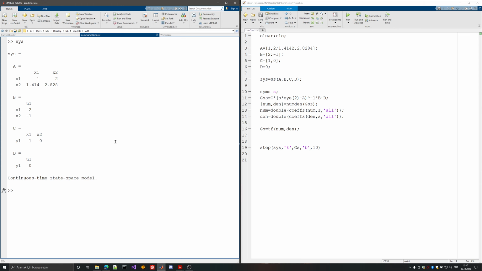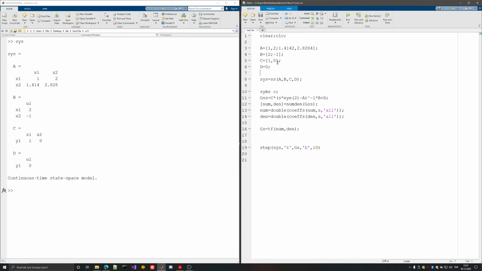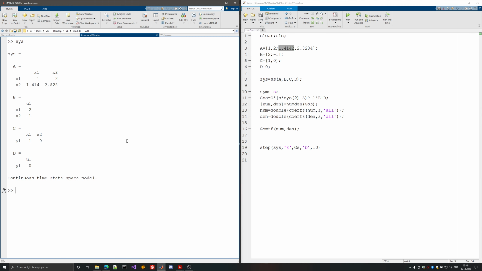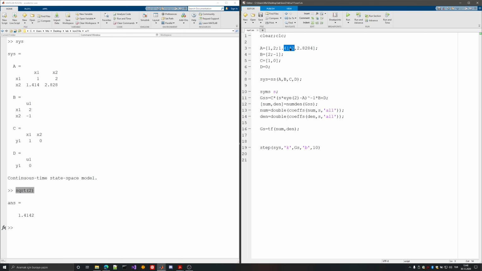System. I guess I know what the reason is, but now this should be square root of 2 as far as I know. So I should maybe define it with square root and 2 times the square root of 2.